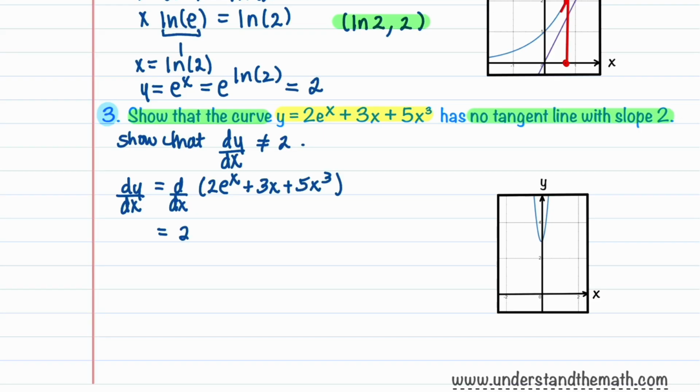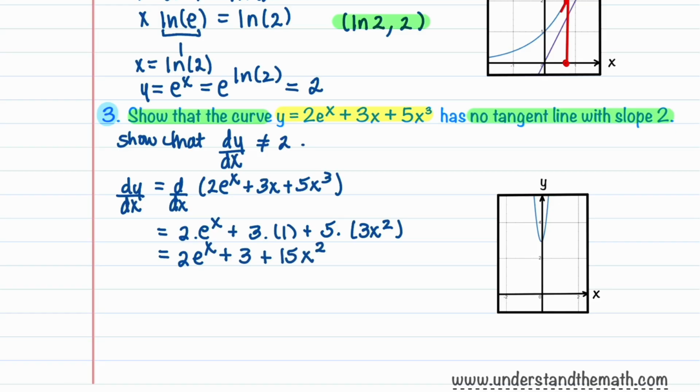So this is 2 times the derivative of e to the x, which is just e to the x, plus 3 times the derivative of x, which is 1, plus 5 times the derivative of x cubed, which is 3x squared. So this is 2e to the x plus 3 plus 15x squared, and we need to show that that is not equal to 2.